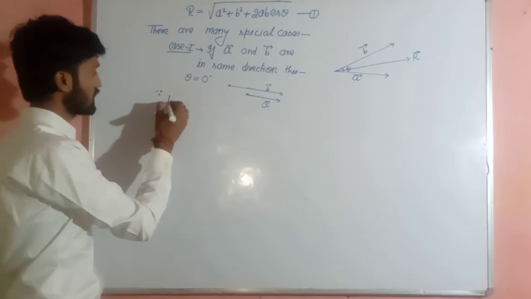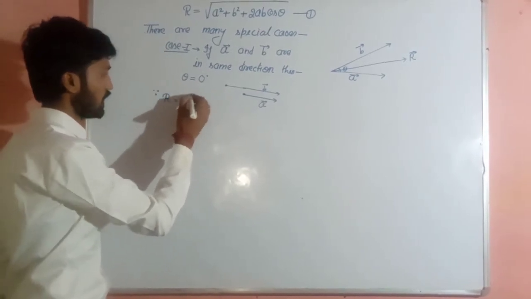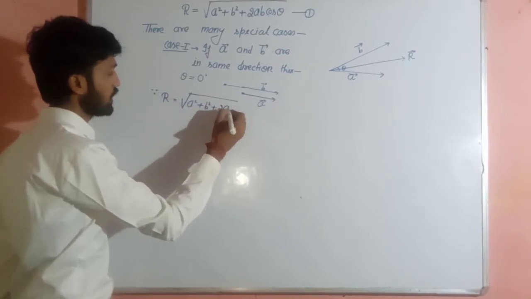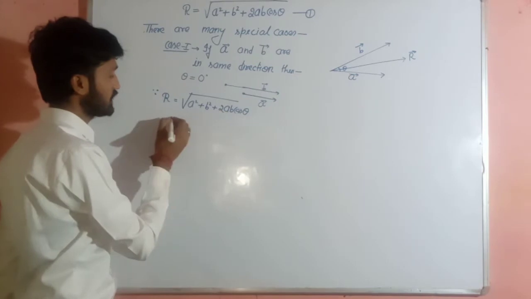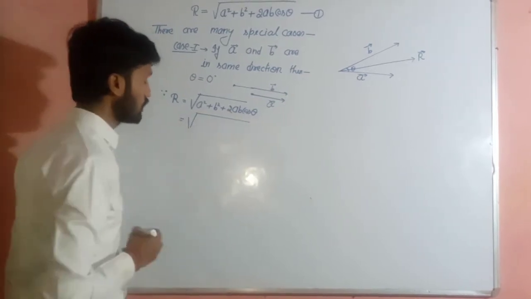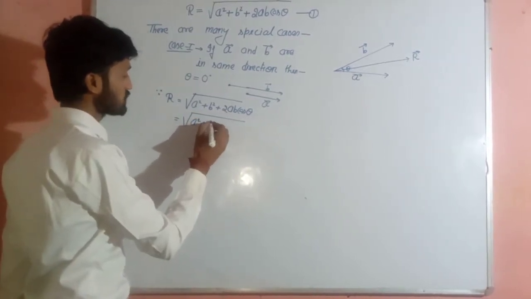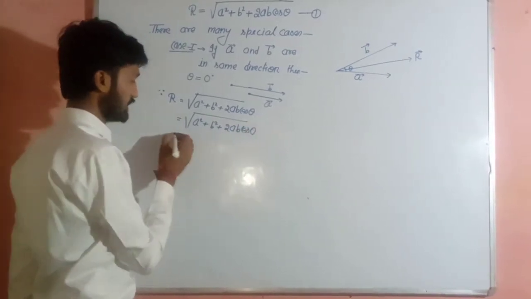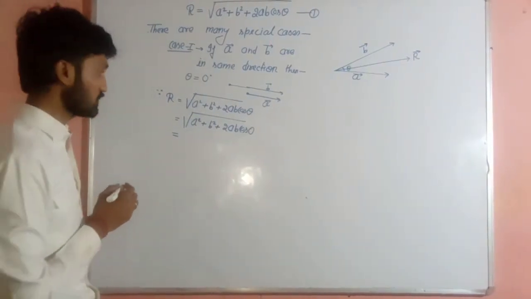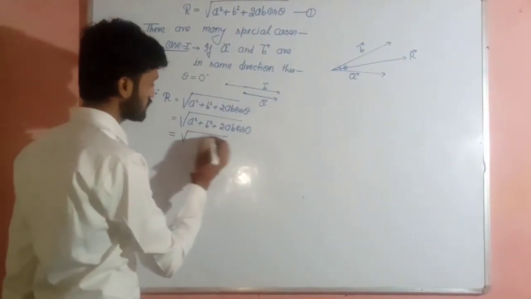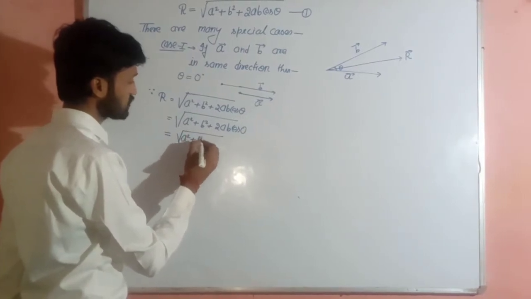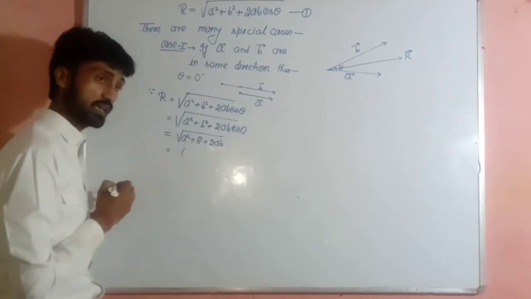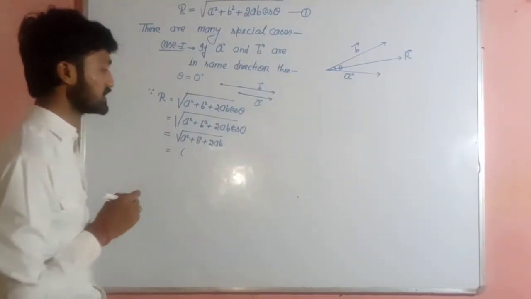Since resultant R equals under root A square plus B square plus 2AB cos theta, the value of R will be the square root of A square plus B square plus 2AB cos 0, and the value of cos 0 is 1. So we can write A square plus B square plus 2AB, which is the whole square of A plus B, and the square root cancels the square.